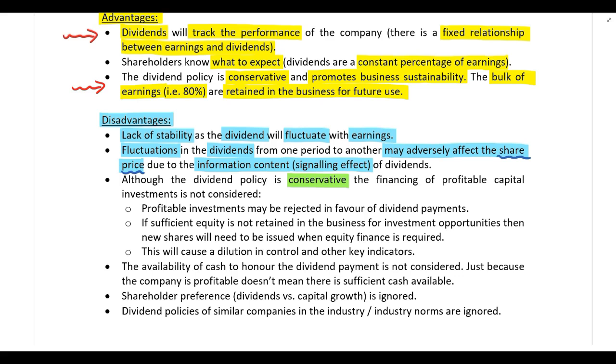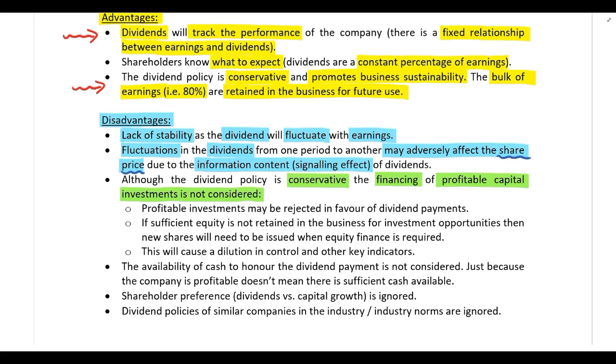So although the dividend policy is conservative and that is an advantage, the disadvantage is the financing of profitable capital investments is not considered. Perhaps in 1 year, keeping 20% of the earnings in the company is not enough. Perhaps over the next 5 years, the company might have significant capital expenditure and they might need to actually hold back more.